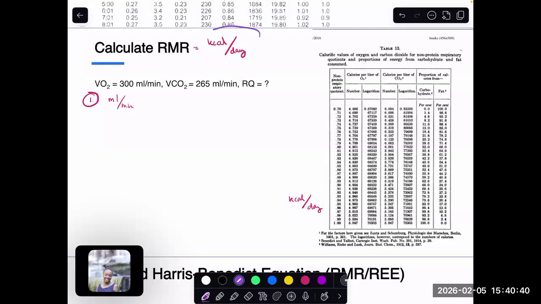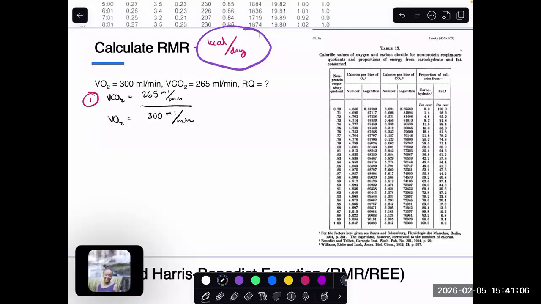So this is our goal, and I'm going to walk through the path to get to that goal. You remember, to determine respiratory quotient, we're going to divide our VCO2, which is 265 milliliters per minute, by our VO2, which is 300 milliliters per minute.